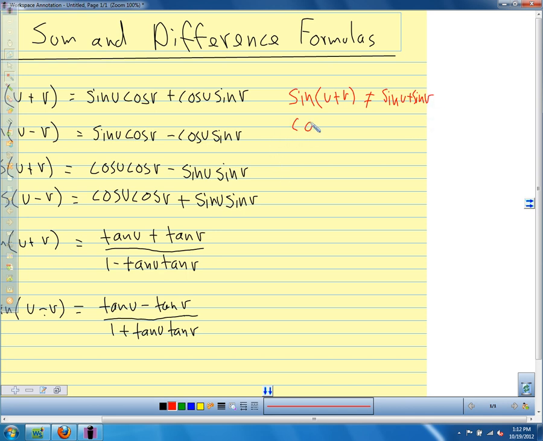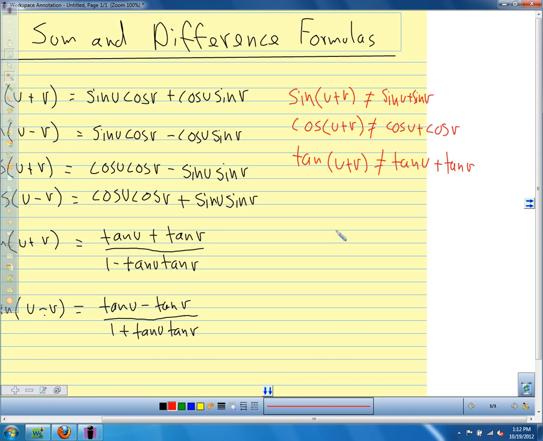The cosine of u plus v is not cosine u plus cosine v. And the tangent of u plus v is not tangent u plus tangent v. These don't work.